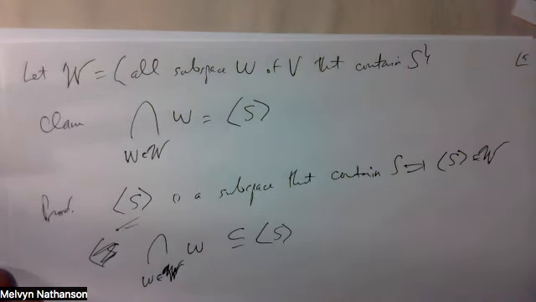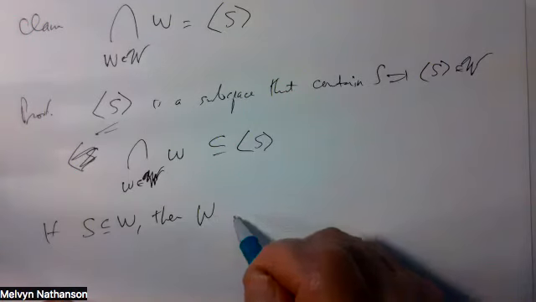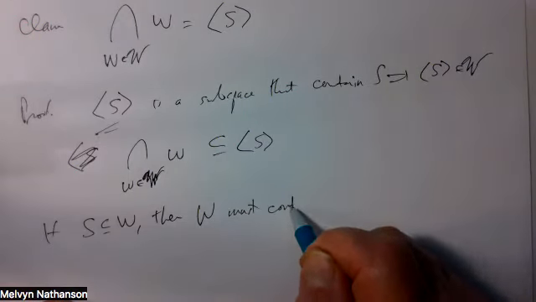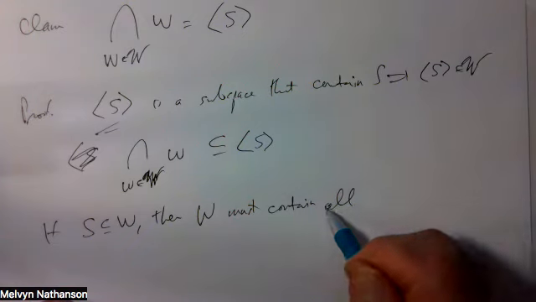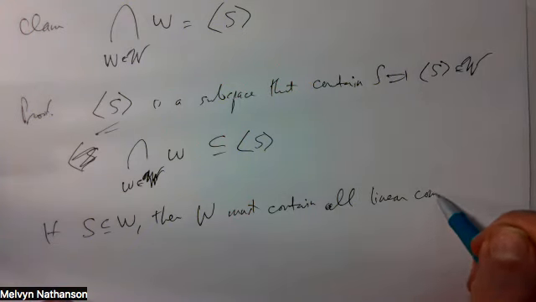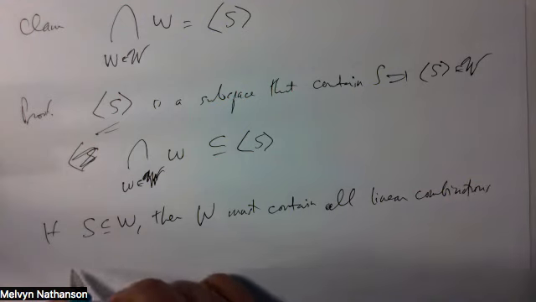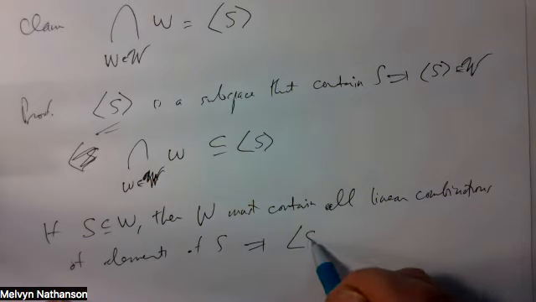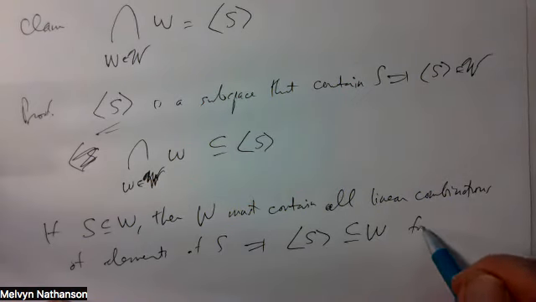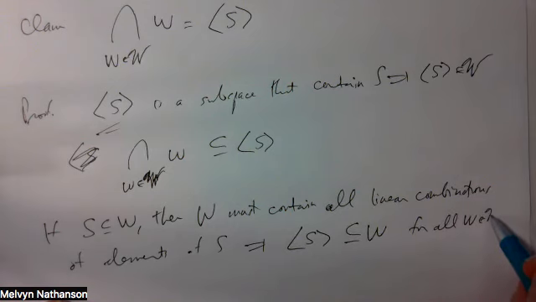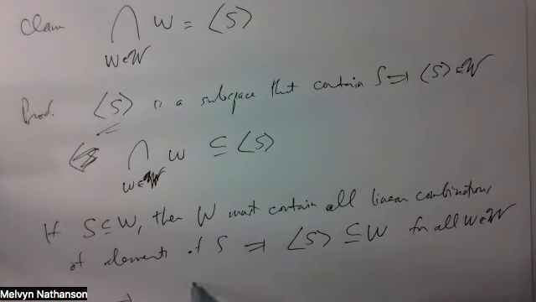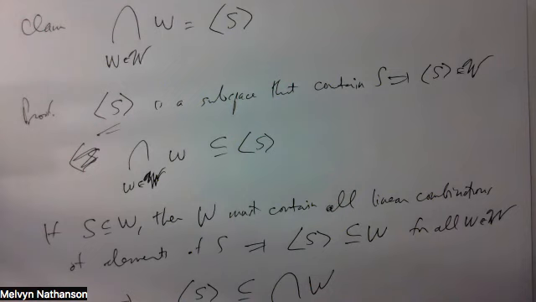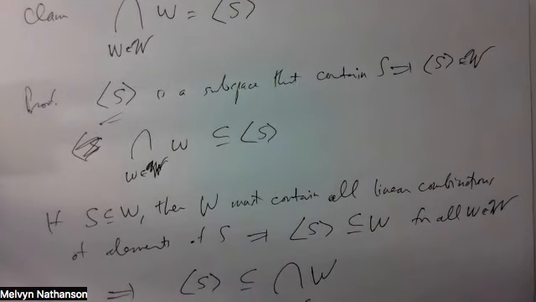On the other hand, if S is contained in a subspace W, then W must contain all linear combinations of elements of S. So this subspace is contained in W for all subspaces W in the set script W, which means the subspace is contained in the intersection of all subspaces.